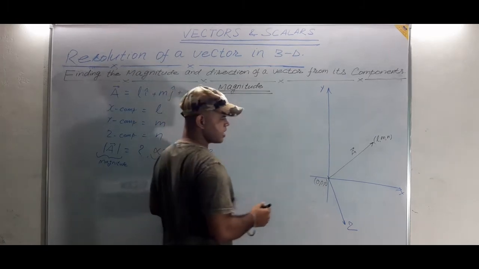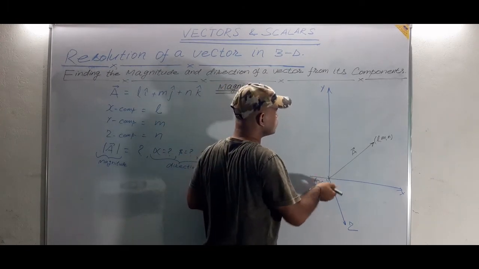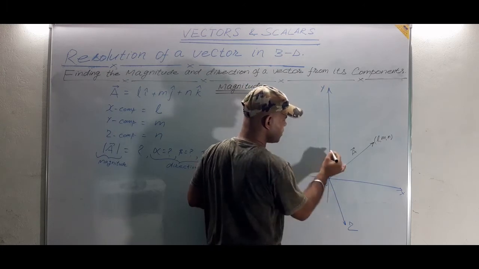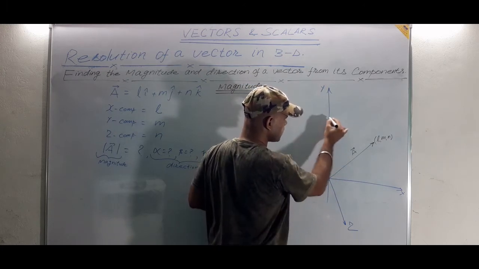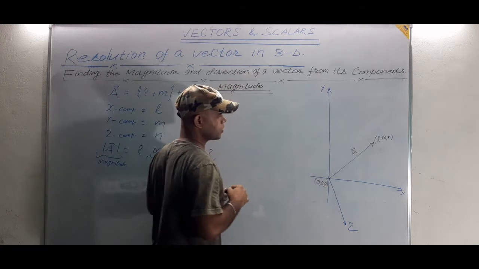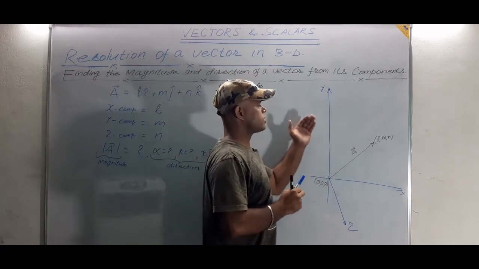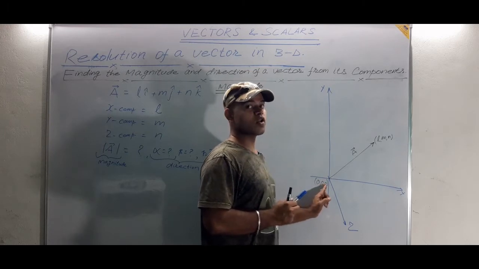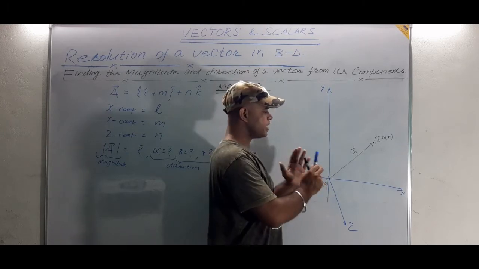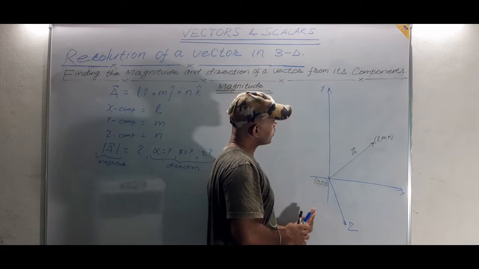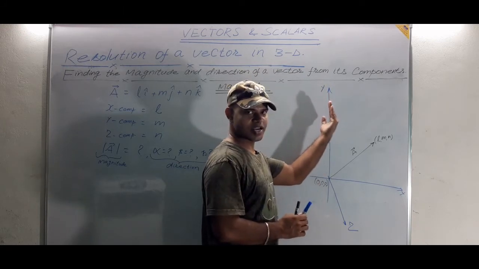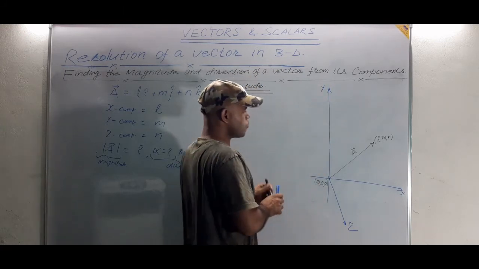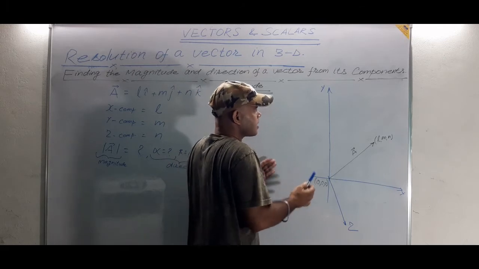Now whatever points you choose on this y-axis, anywhere you choose, here, here, here, wherever you go, only the y coordinate will change. The x and z coordinate will not change because there is no movement along x and z. You are moving only along y-axis, right? And this is true for any line parallel to y-axis.